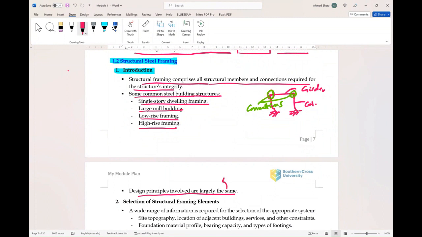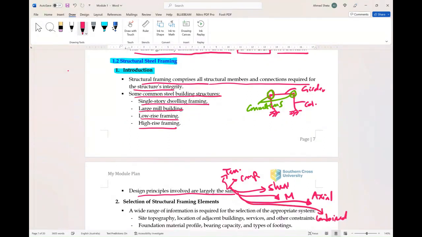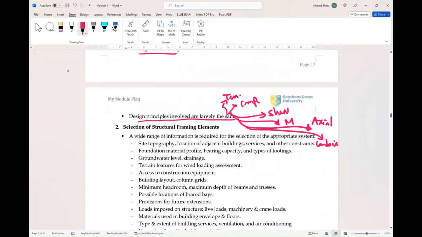They are mainly the design of members under tension, compression, shear, moment, axial, and combined actions. Those are the design criteria for members under several actions.